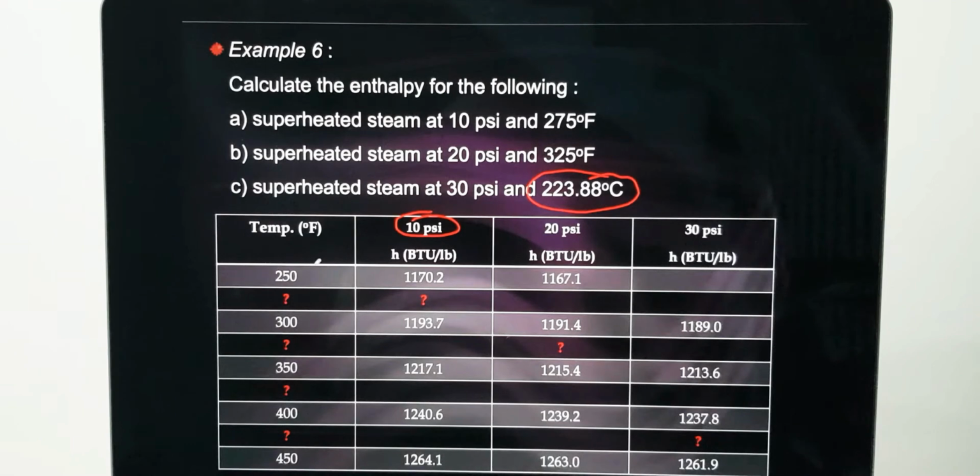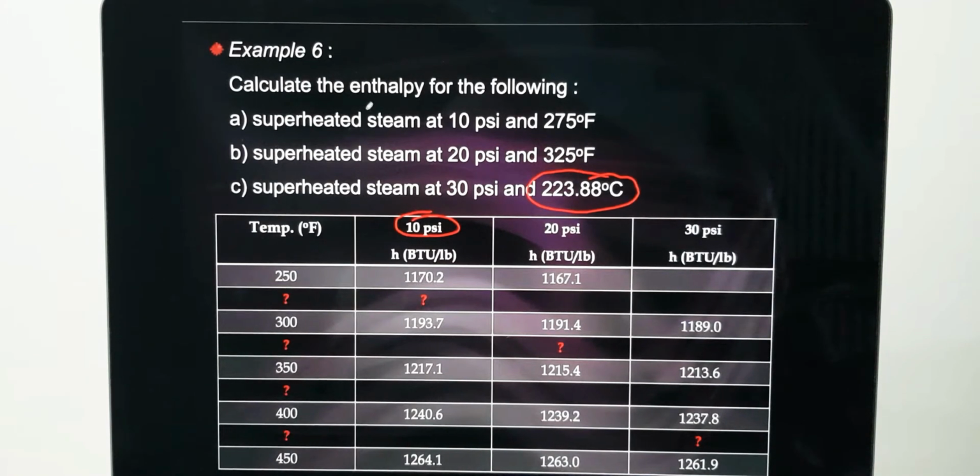Which temperature range is 275 degrees Fahrenheit in between? It is in between 250 and 300 degrees Fahrenheit. So the value of superheated steam at 275 degrees Fahrenheit and 10 psi is supposed to be here.